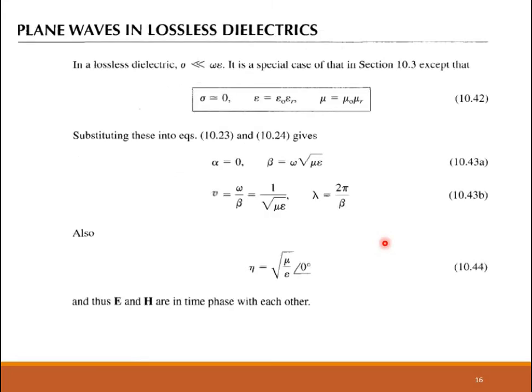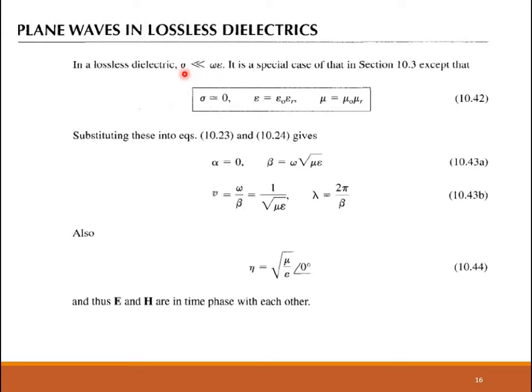Now, in the same way, we're going to derive the expressions for a lossless dielectric. From the name itself, what do you mean by a lossless dielectric? A lossless dielectric is actually a perfect dielectric. That is why conductivity is 0. Because the dielectric is perfect, your conductivity is 0.